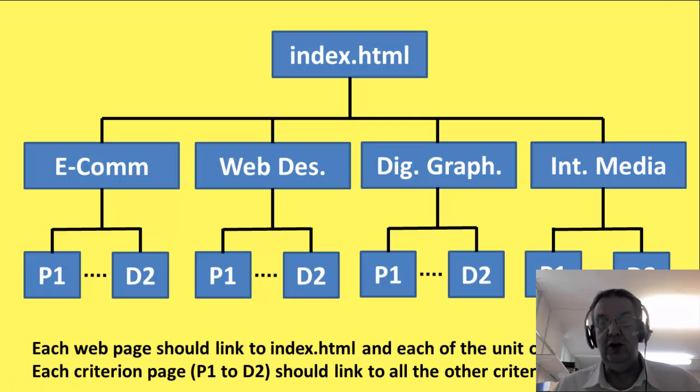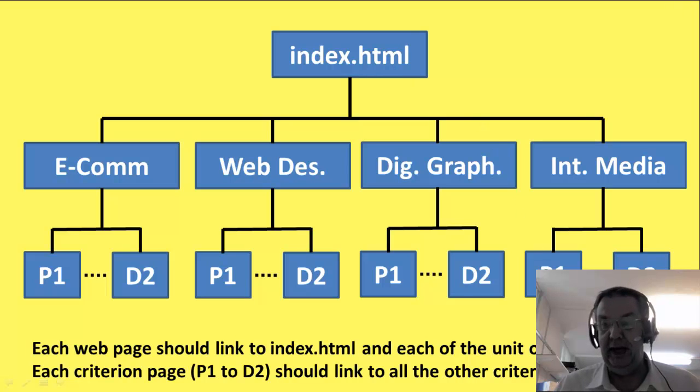That way you can be sure that when somebody's looking at interactive media, they're able to get at any of the other units or pieces of work that they need to without going via some convoluted route. Now each of the criteria pages here should obviously link to interactive media and to index.html, the home page.